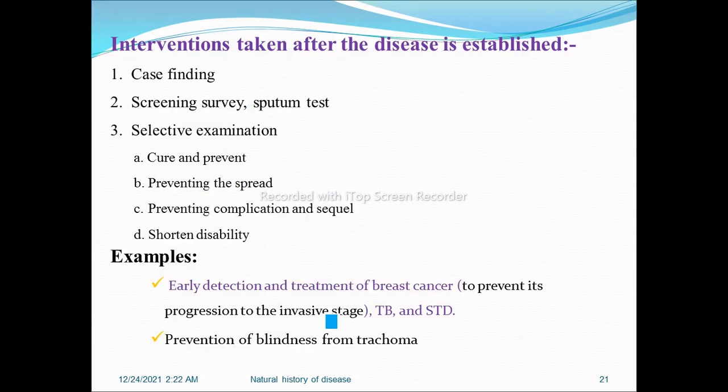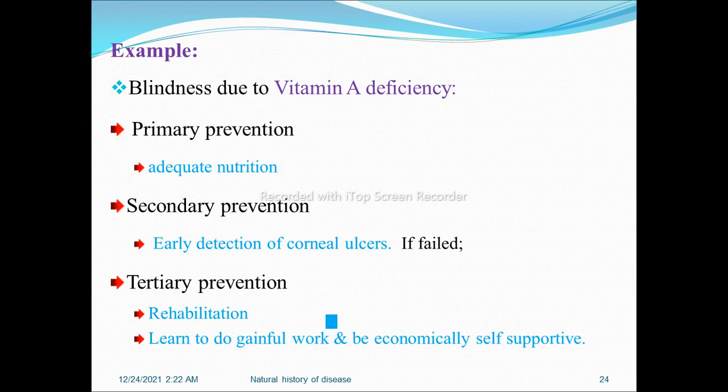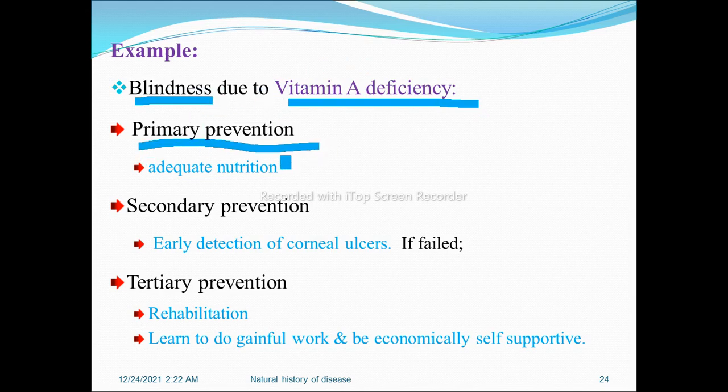Now consider primary, secondary, and tertiary prevention using vitamin A deficiency, which may lead to blindness. At primary prevention, we give adequate nutrition containing vitamin A. If this is not fulfilled, secondary prevention will be done: early detection and early treatment of corneal ulcer caused by vitamin A deficiency.